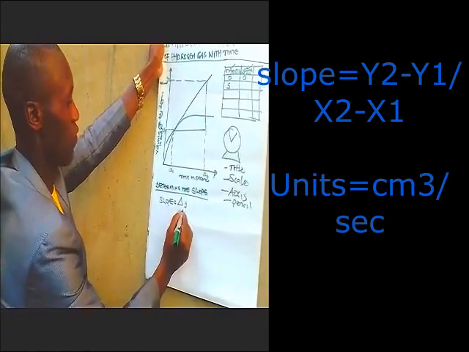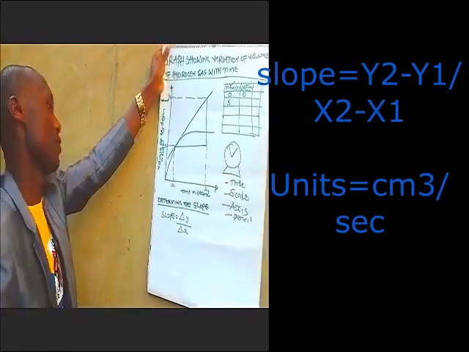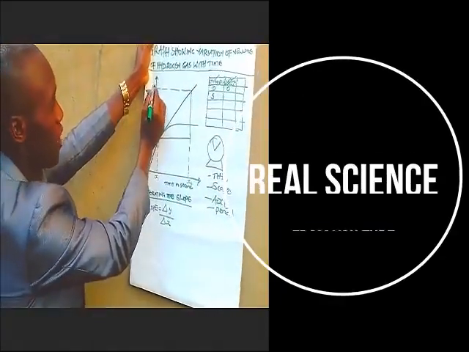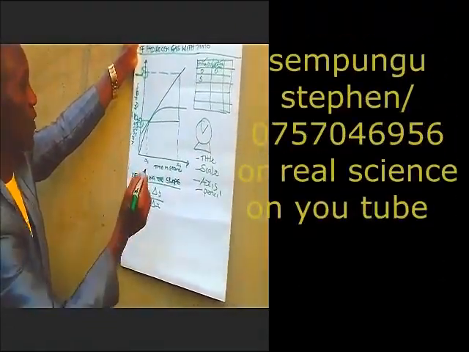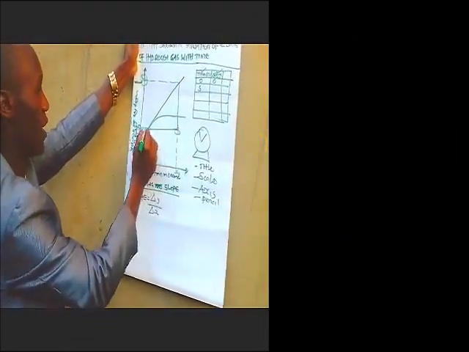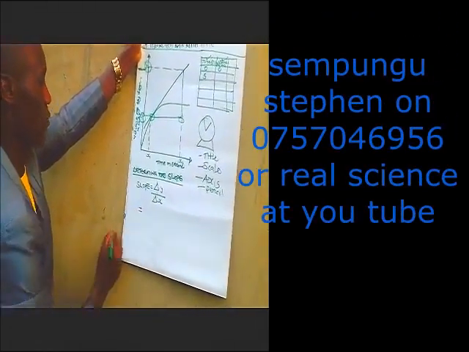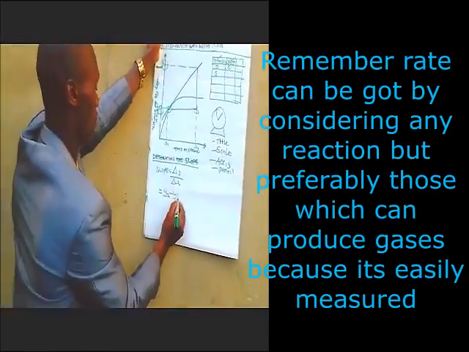Now, when you go back to our graph, for the values of y, we have one value here and a second value there. Then for the values of x, we have one value there and one value there. Therefore, our slope is going to be equivalent to the y2 value minus the y1 value, divided by the x2 value minus the x1 value.